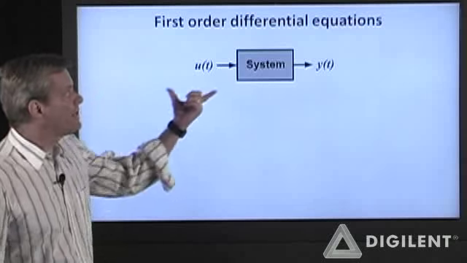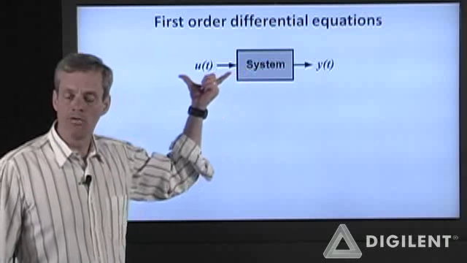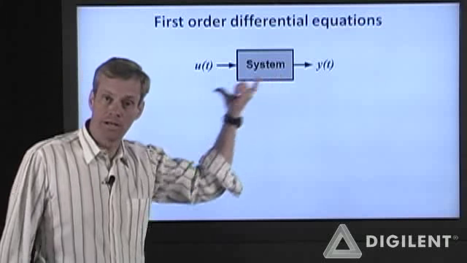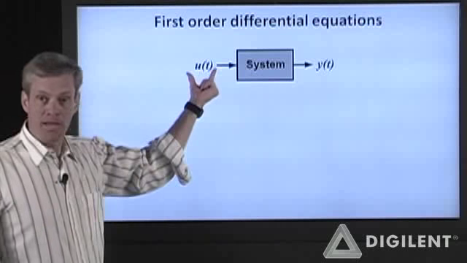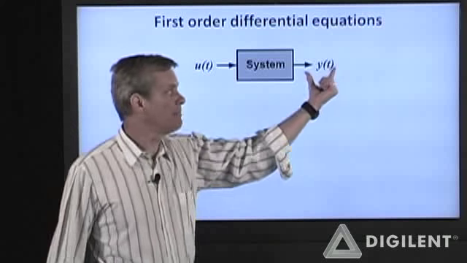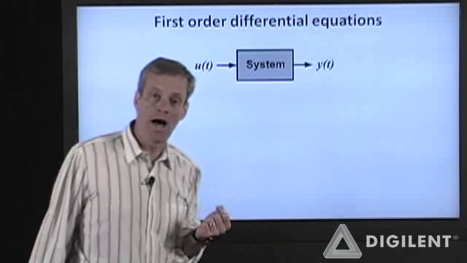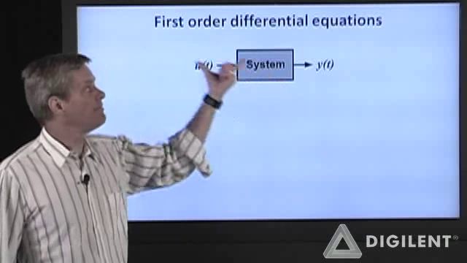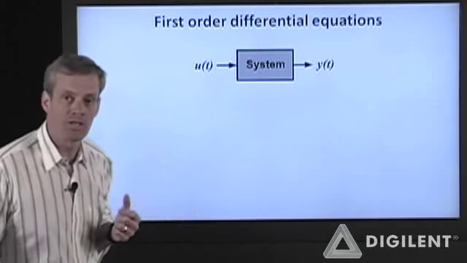Okay, recall that we like our system-level viewpoint of these circuits. We have some system, which for us will be an electrical circuit. It has some input, which I will typically denote in general as U of t, and some output, which I will denote as Y of t. Now, for a first-order circuit or system, it will be governed by a first-order differential equation.